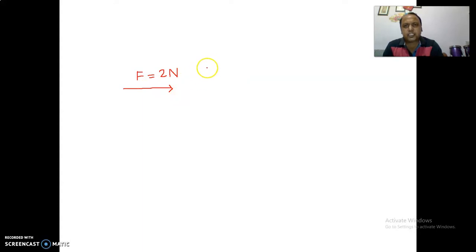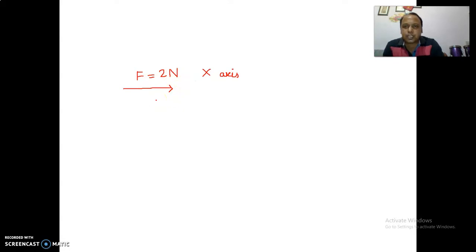We have to mention it also, say, along the x-axis. So this arrow, which is a vector, represents the vector quantity force, which is of 2 Newton along the x-axis. Now see, the length of the arrow represents the numerical value, that is 2 Newton, and the arrowhead represents the direction.